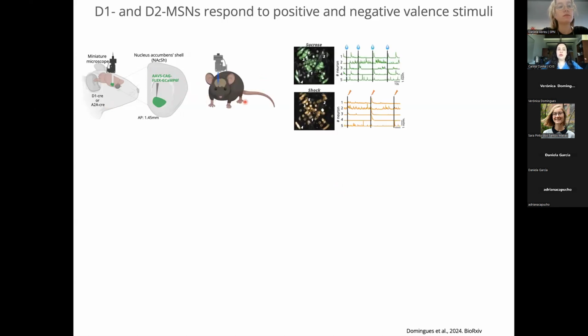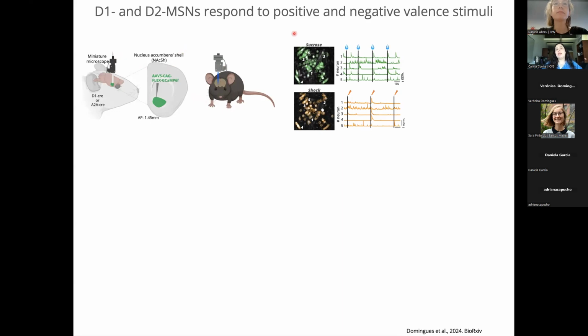In freely moving mice, we then implant a lens, and we can attach miniaturized microscopes, so that the animals can actually freely move and perform behavior and receive rewards and aversive stimuli as we wish.